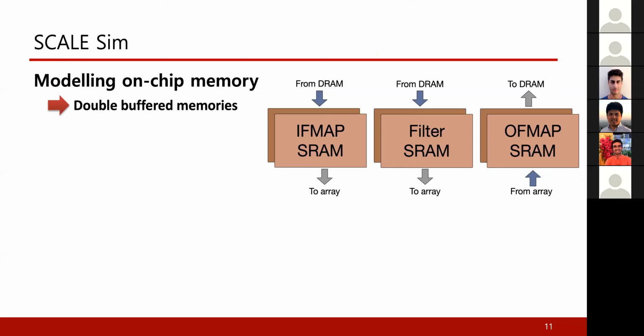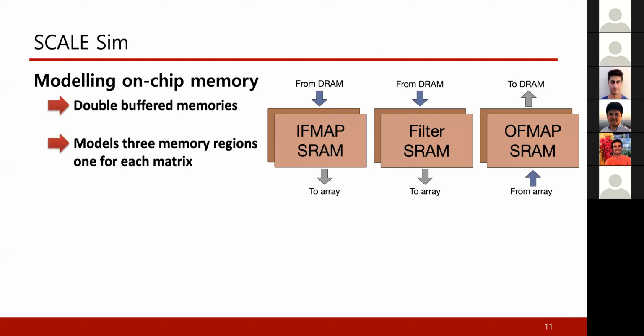And due to reuse, a smaller buffer size actually is used for more computations than it would allow for if it was a streaming data pattern. So this is a standard practice in spatial architectures like a DNN accelerator. And therefore, we just model the memory in a double buffer fashion by default.